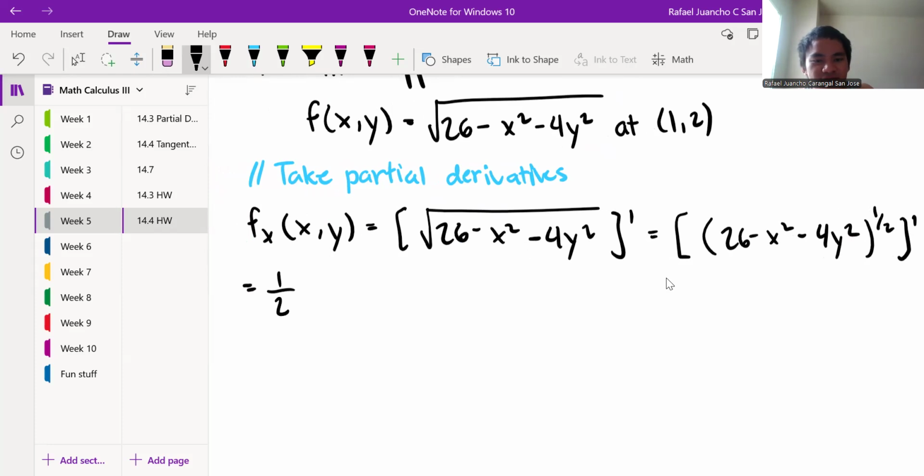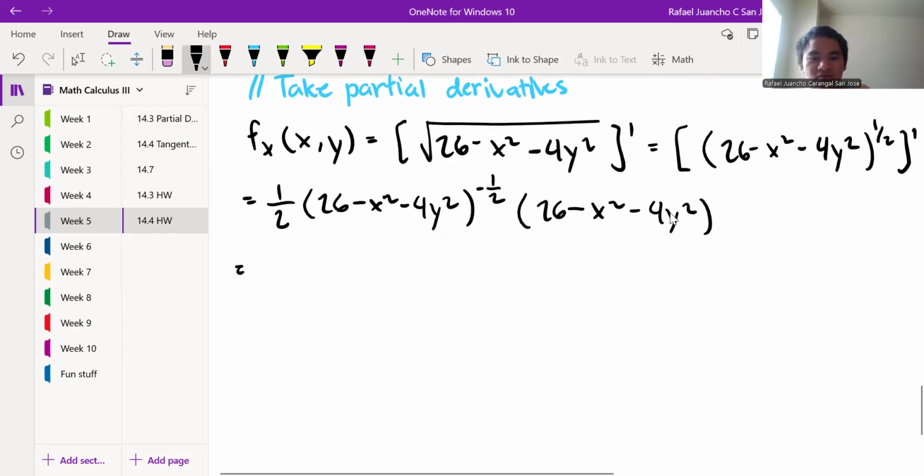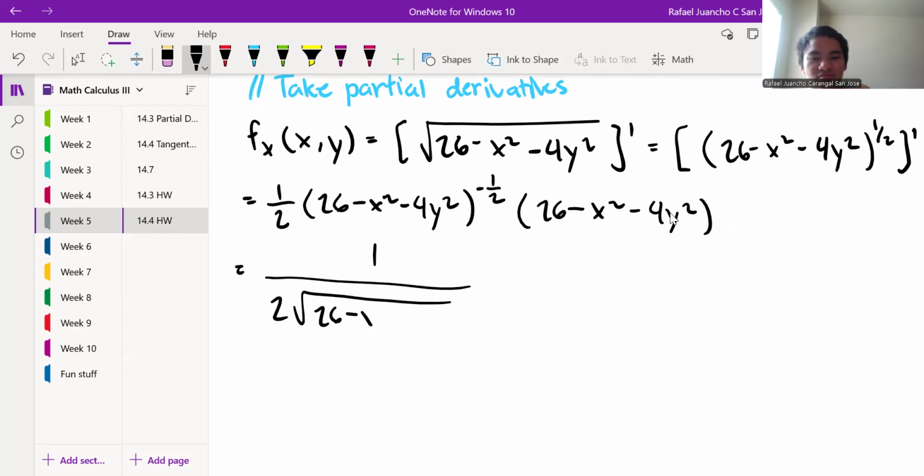So we have 1/2 of whatever is in here. And then my 1/2 will be negative 1/2 because I subtracted 1. And then from here, I do a chain rule. So I get 1/2 square root of whatever was in here. I multiply it to the derivative of this.